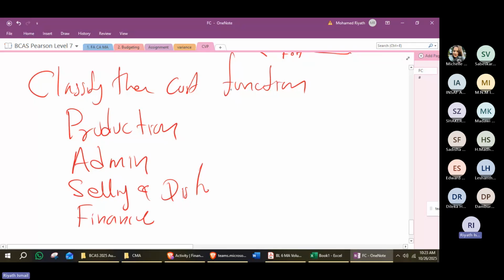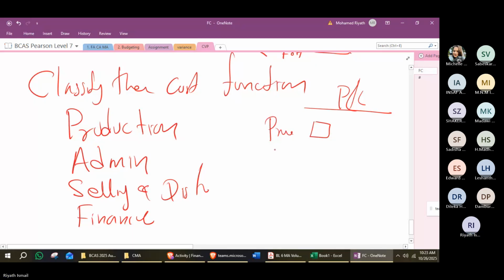So when you do financial accounting, profit and loss accounting, you arrive here at production cost, for example, manufacturing cost. You may add production cost.